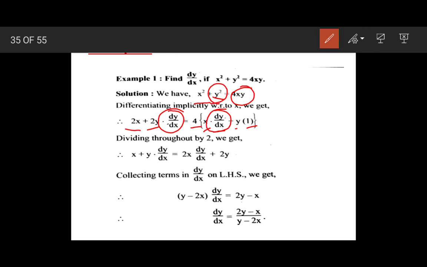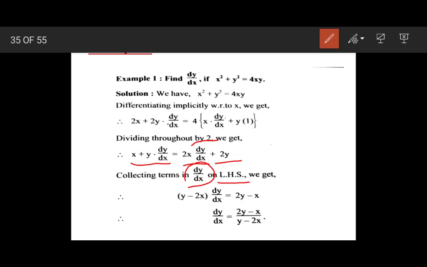So by dividing by 2 we get x plus y dy upon dx is equal to 2x dy upon dx plus 2y. Now collecting terms in dy upon dx on the left hand side. We'll take all the dy upon dx terms on the left hand side, and the remaining terms will be on the right hand side.